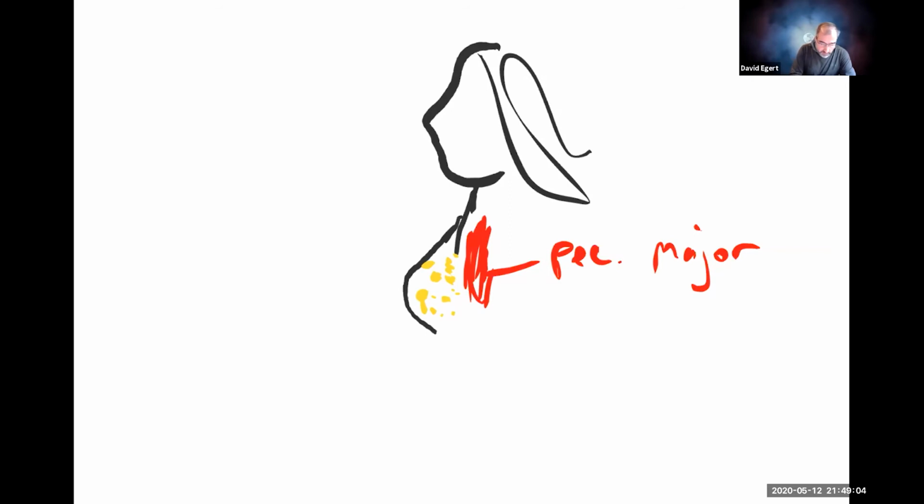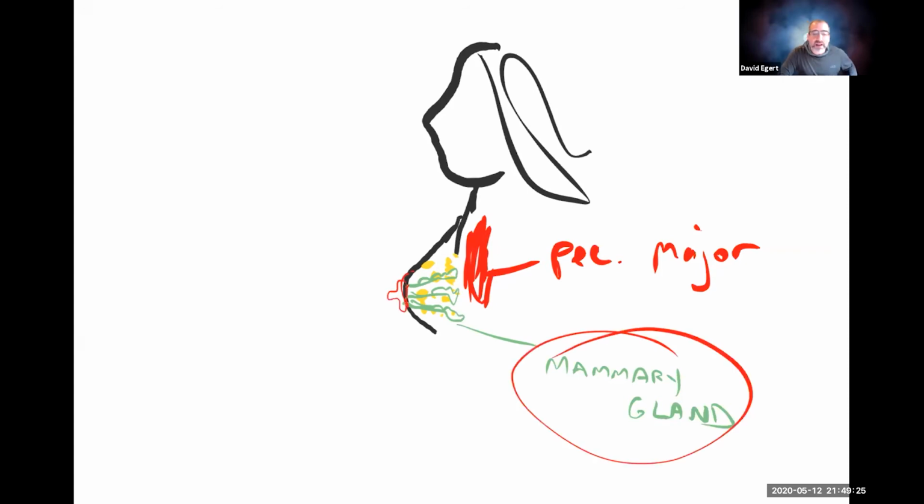The mammary glands are actually modified apocrine sweat glands, which is always cool to think about. When you think about mother's milk, it's actually modified sweat.